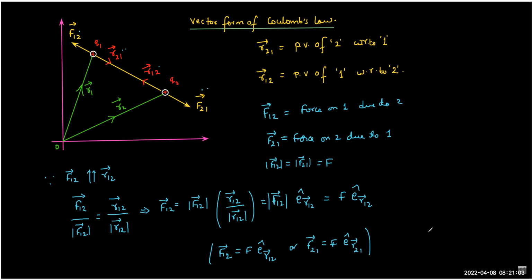So this is how we can add the force value. So we'll see some example. Now this kind of vector form is not much use, but still we should know.